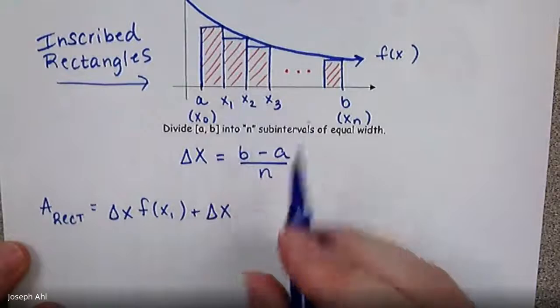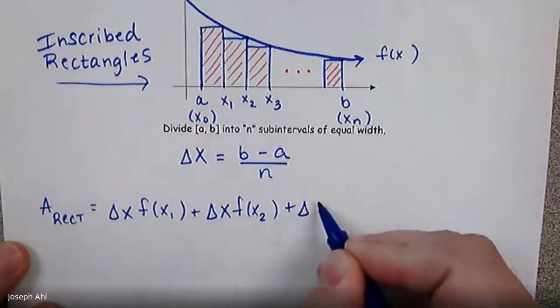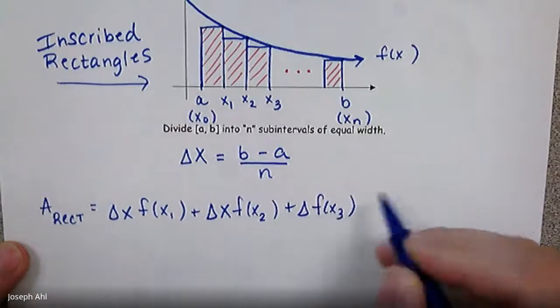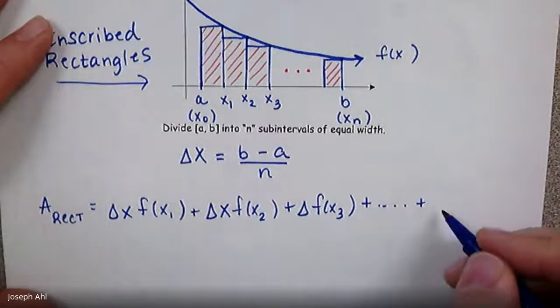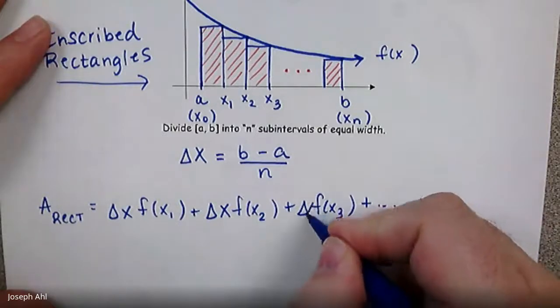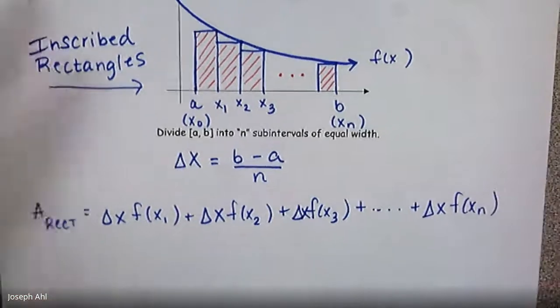That same width for the next one, times f of x sub 2, plus delta x f of x sub 3, plus all the way until we get down to the last rectangle, delta x f of x sub n.